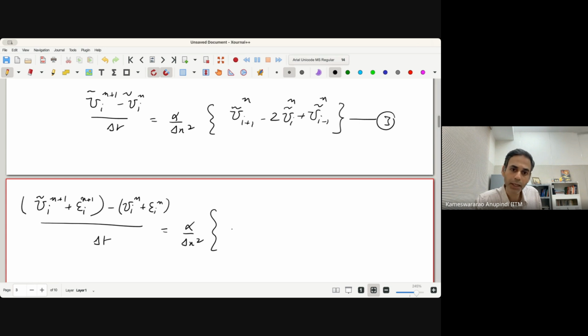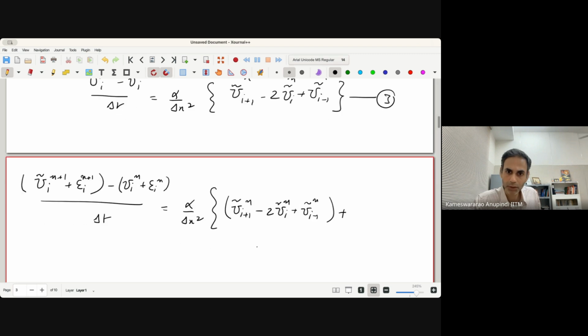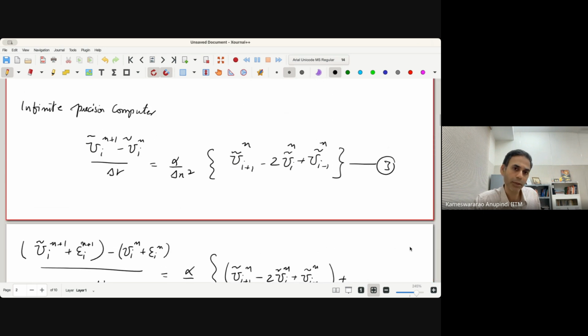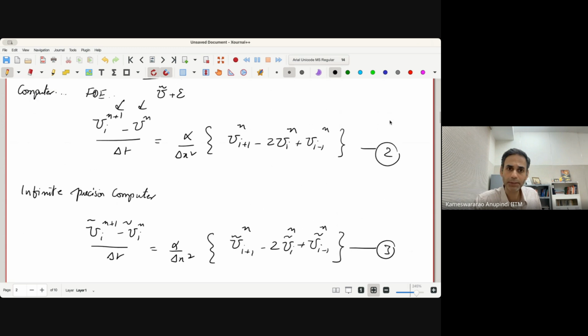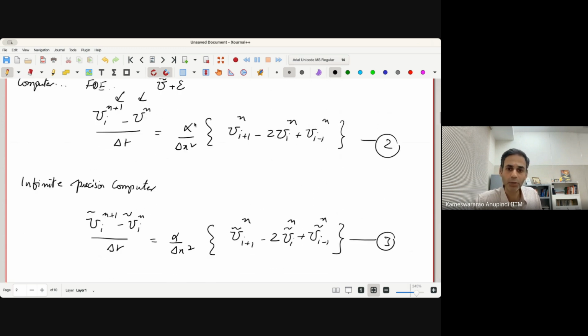On the right hand side I get u I plus 1 tilde n minus 2 u I n plus u I minus 1 tilde, all of them at n, and then plus epsilon I plus 1 minus 2 times epsilon I plus epsilon I minus 1, all of them at time level n. Let's call this equation 4. So I have just substituted u equals u tilde plus epsilon into equation 2, which gave me equation number 4.